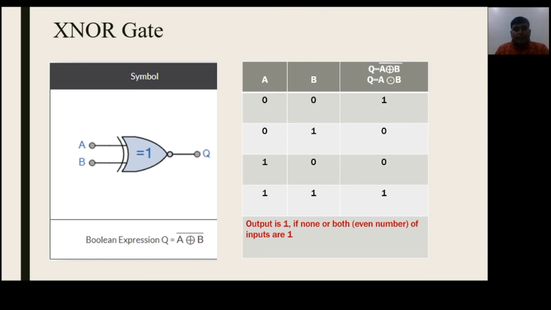Now what the XNOR gate says is output is 1 if none or both the inputs are 1 in case of two inputs.